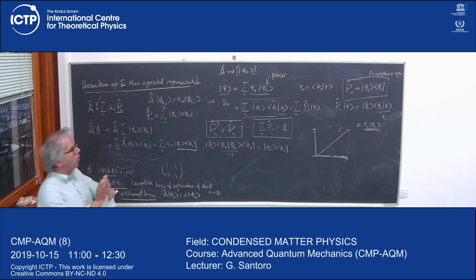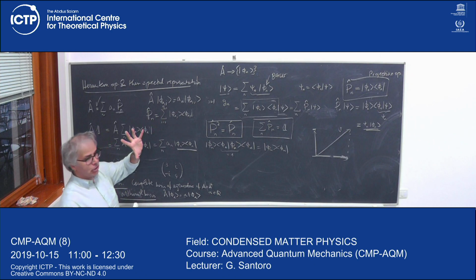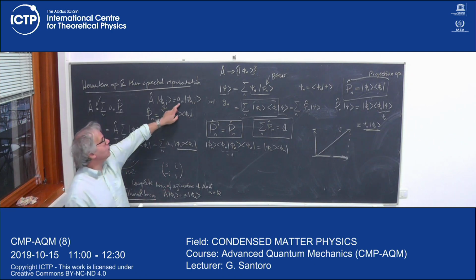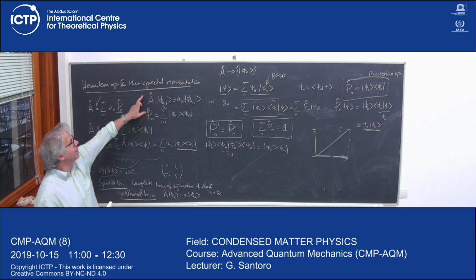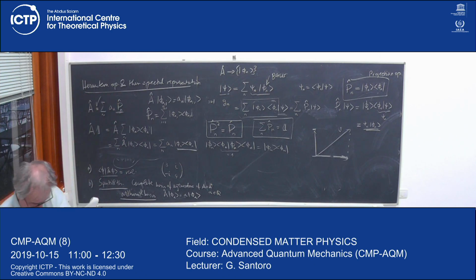So I have to project over all eigenvectors belonging to the same eigenvalue an. This is the projection on the subspace of eigenvalue an. And with this small distinction, the property holds also for degenerate eigenvalues. Okay?